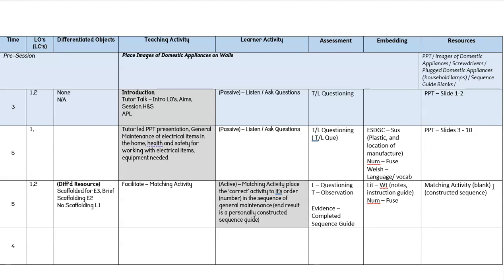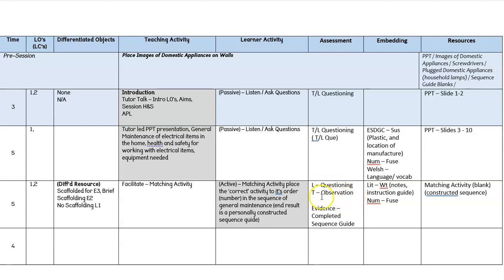So they create this sequence guide. During the session, they are now active in the fact that they've got this activity in there, putting the right thing to the right number. Now then, during that, the assessment for the learners is they can ask questions. As a tutor, now that they are active, you don't want to be talking all the time. You want to be stepping in if needed or not.